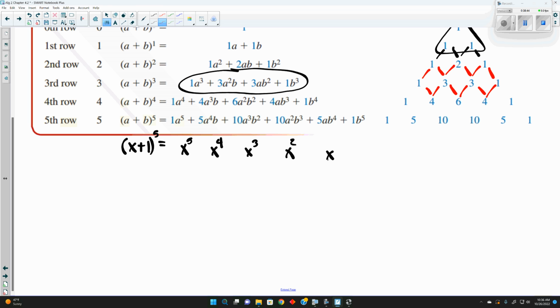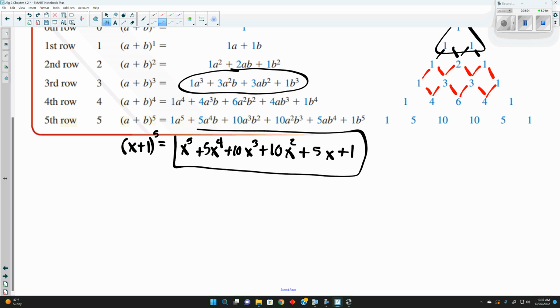Well, 1, there isn't any in the first, but we'd have 5, 10, 10, 5, and 1 in the 5th is just 1. So x plus 1 to the 5th is that right there. So it's a little bit of a shortcut to get there. But knowing this and memorizing this isn't hugely important.